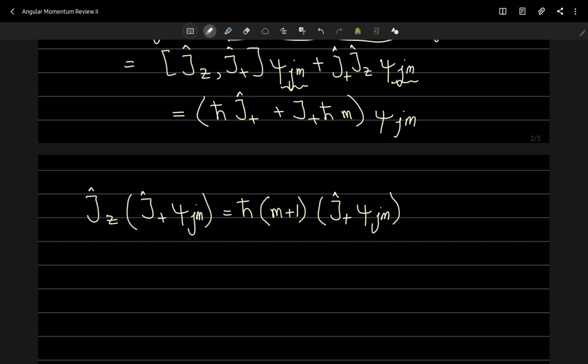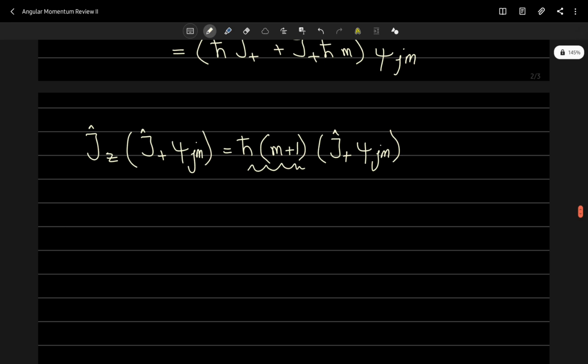What does this mean? This implies that j plus psi jm is an eigenfunction of the jz operator, and it corresponds to the eigenvalue h bar m plus 1.